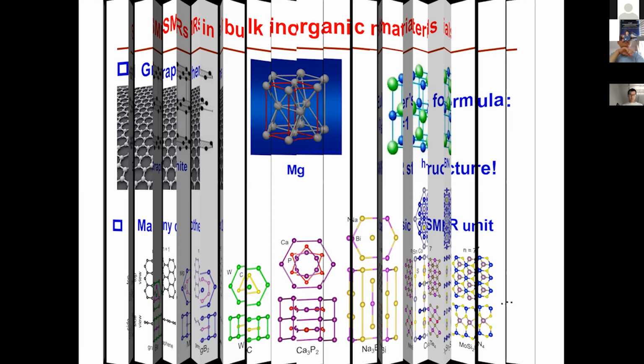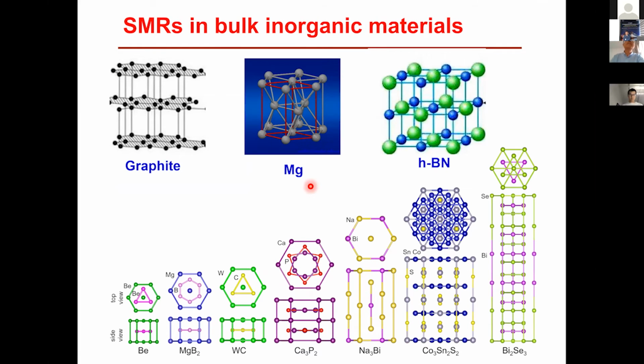And in three-dimensional inorganic materials, we also found the six-member ring is a basic structure unit for many bulk materials like magnesium, barium, boron nitride, and even magnesium boride superconductors, and sodium bismuth, and the catalytic cobalt tin sulfide, and so on.